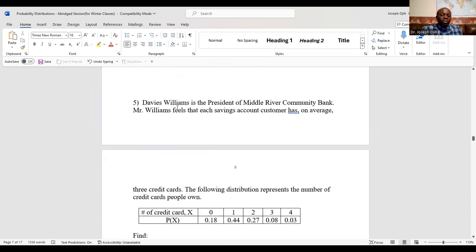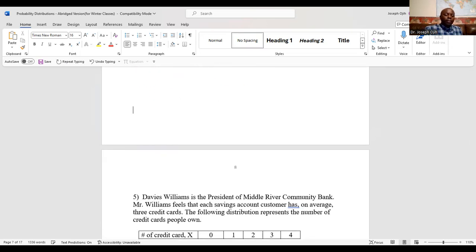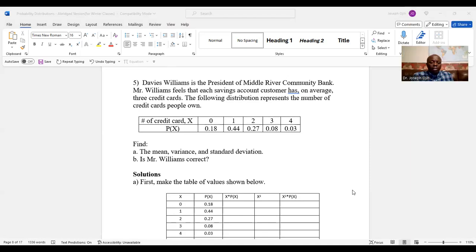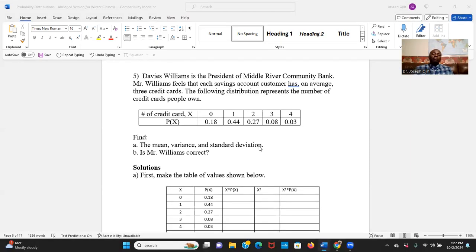So let's try this with an application example. It says here, Davis Williams is the president of the Middle River Community Bank. Mr. Williams feels that each savings account customer has, on average, 3 credit cards. That is his claim.